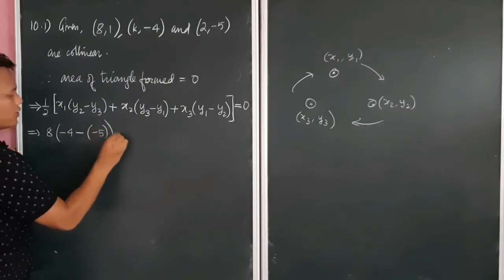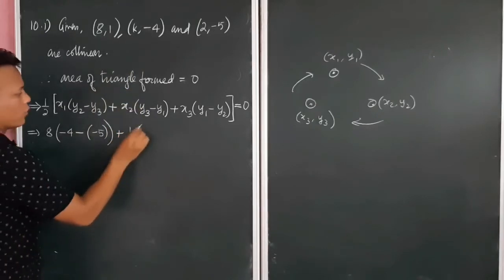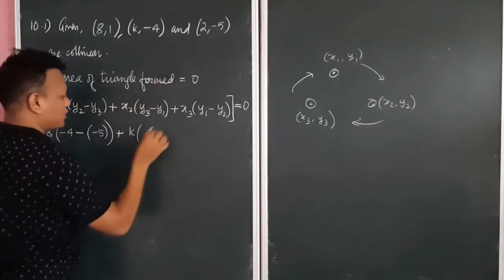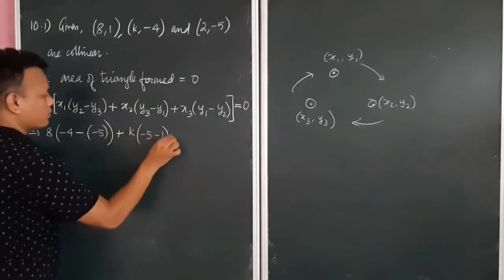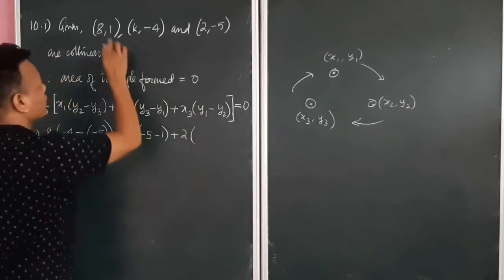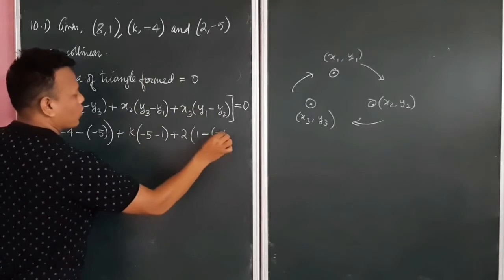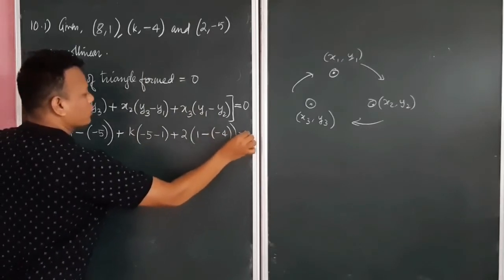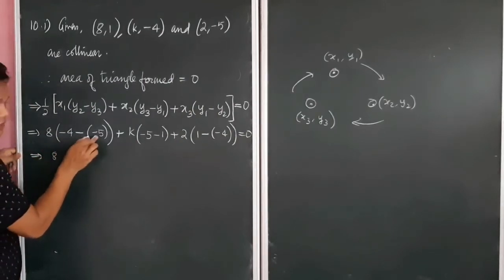Plus x2. What is x2? x2 is k. Now y3 is minus 5 minus y1. y1 is 1, plus x3. x3 is 2, into y1, which is 1, minus y2. y2 is minus 4 out here, equals 0. Now let us quickly solve this. So we have 8, and minus into minus is plus.